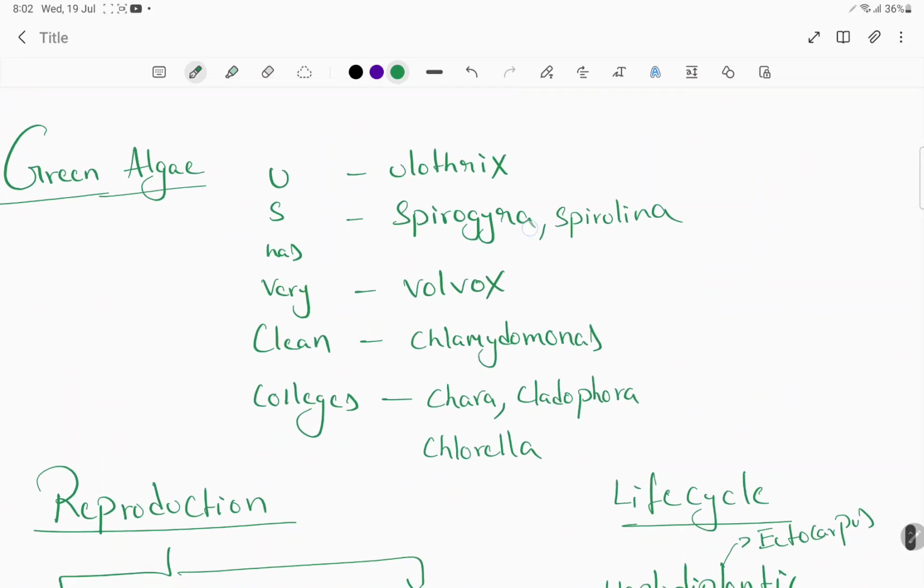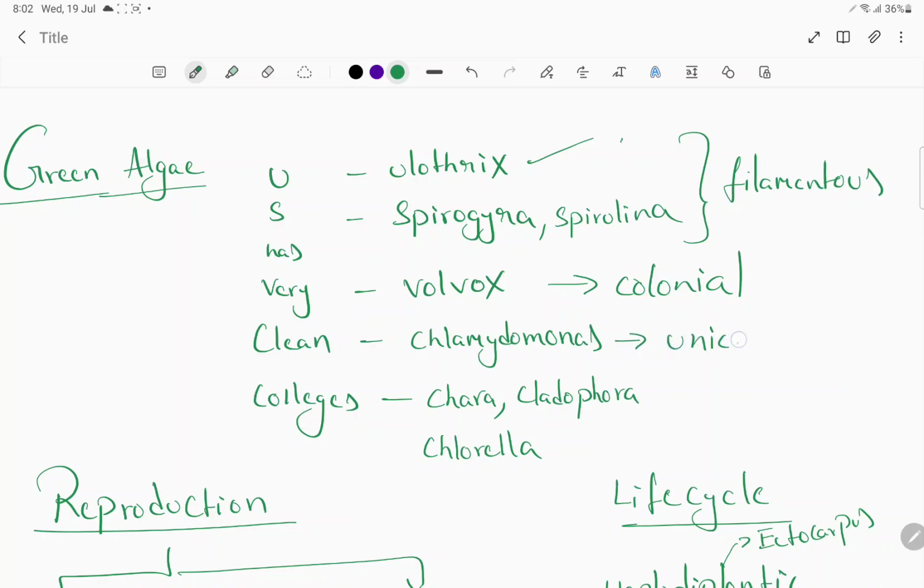So when it comes to Ulothrix, it is isogamous and flagellated or motile. Ulothrix is filamentous. Volvox is colonial.